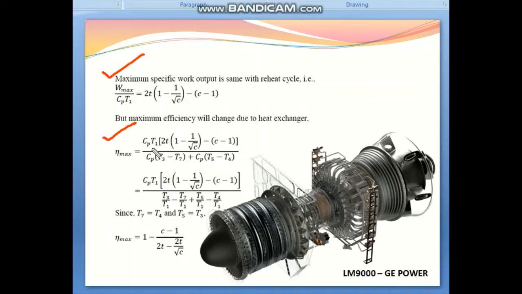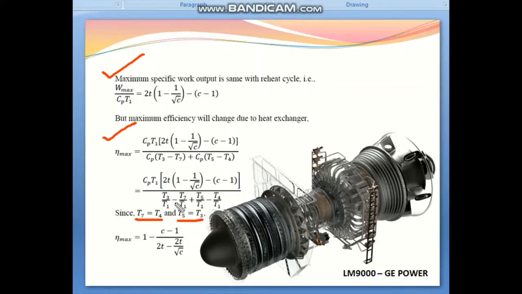So that is Cp into T1 into 2 into (T minus 1 by root C) minus C minus 1, divided by the heat input, that is Cp(T3 minus T7) plus Cp(T5 minus T4). Since T7 equals T4 and T5 equals T3.